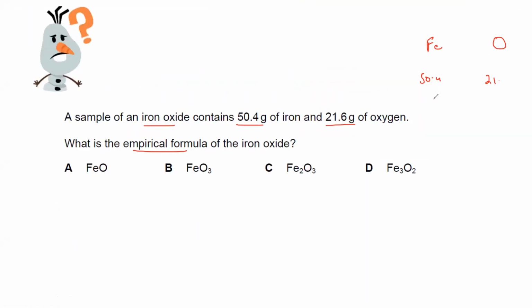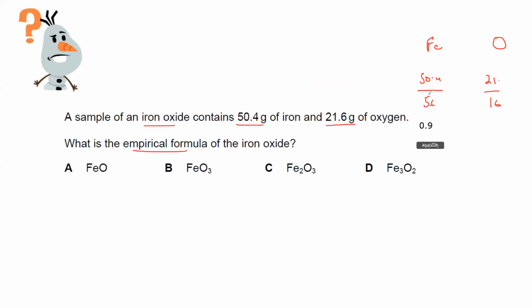So this is divided by 56 and this is divided by 16. What is the answer? 50.4 divided by 56? 0.9. And what about 21.6 divided by 16? 1.3. Then we divide by the smallest value.